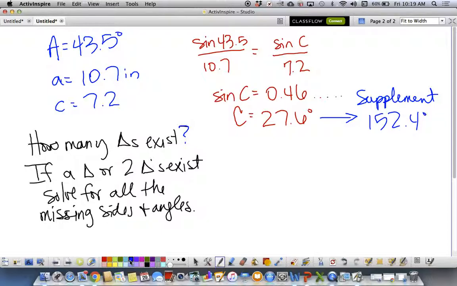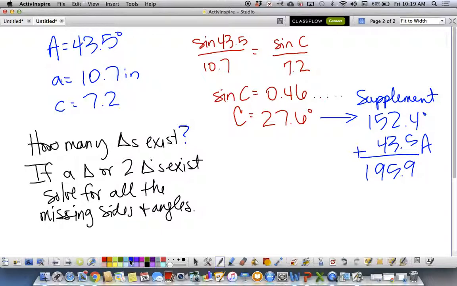Okay? Now, do you automatically know if there's another triangle or not? No. What do we have to do? Add angle A, which is 43.5 degrees. So when you add those two together, what happens? Oh, man.